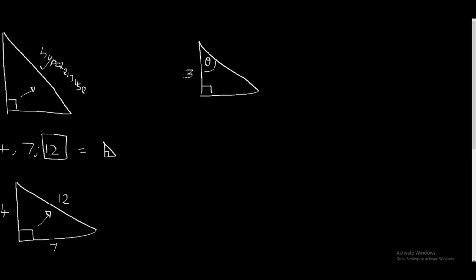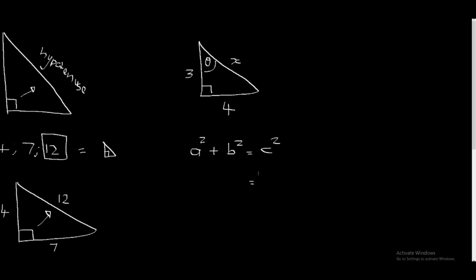Now, before any type of trigonometry, we need to be familiar with the Pythagorean theorem, which simply tells us that this leg squared plus this leg squared is equal to this hypotenuse squared. Right, so in this case, we can simply write this as a formula. Let me add c squared.